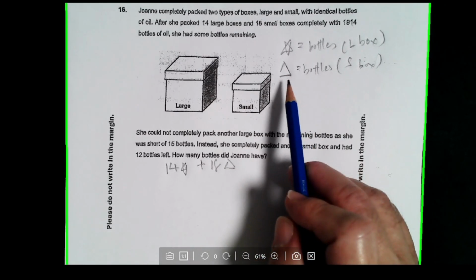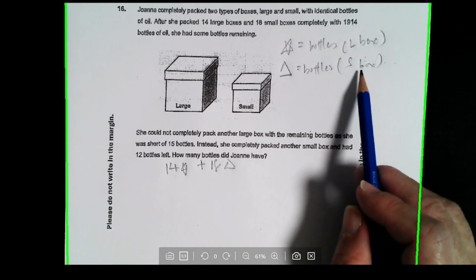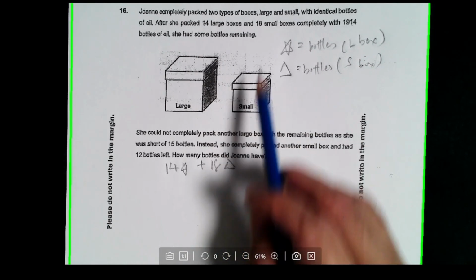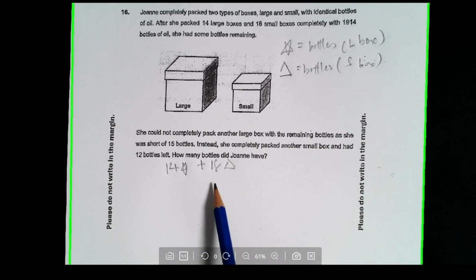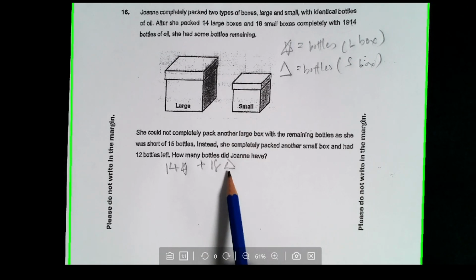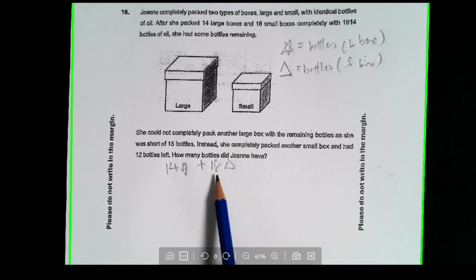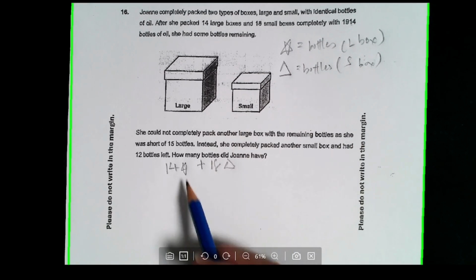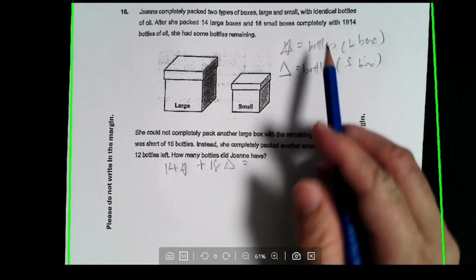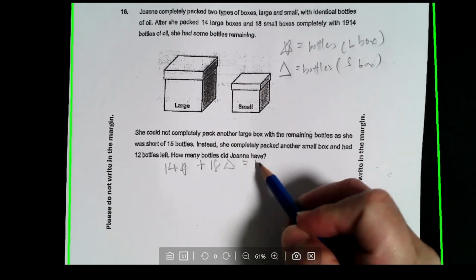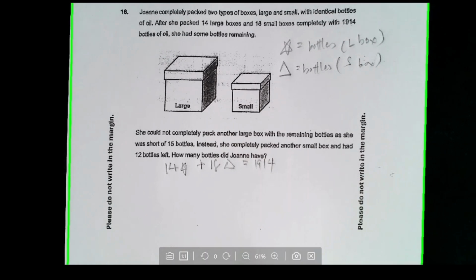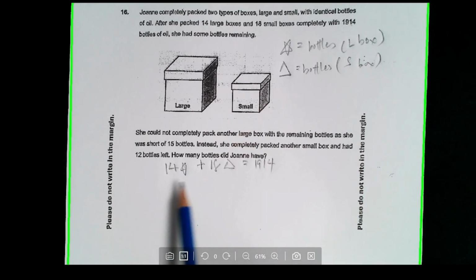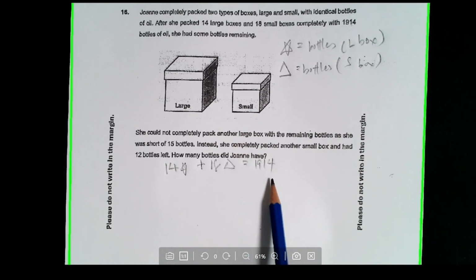Triangle is the number of bottles one small box can hold. So of 18 small boxes, how many bottles are there altogether? If one box is triangle, 18 small boxes will be 18 times triangle. So add them together, you have 1914. I didn't do anything special. I simply translated this into an equation. Okay?